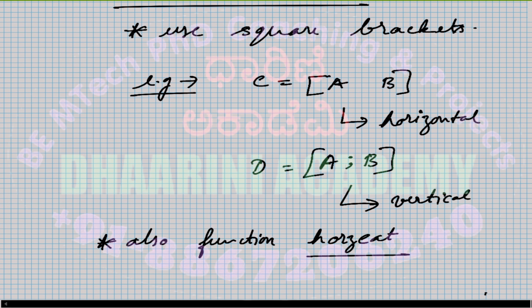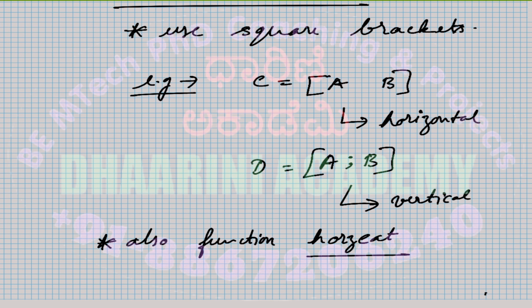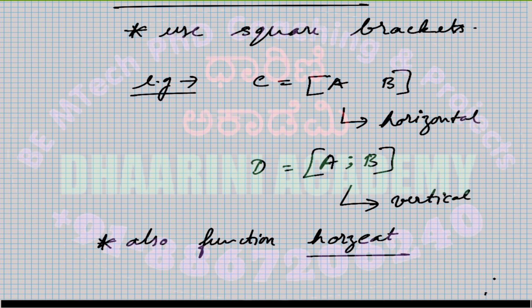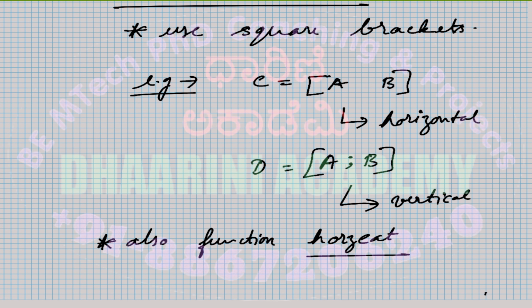It says that horizontally I want to concatenate. So when I use HORZCAT, it is going to perform the concatenation in a horizontal fashion. So let's check this function now.